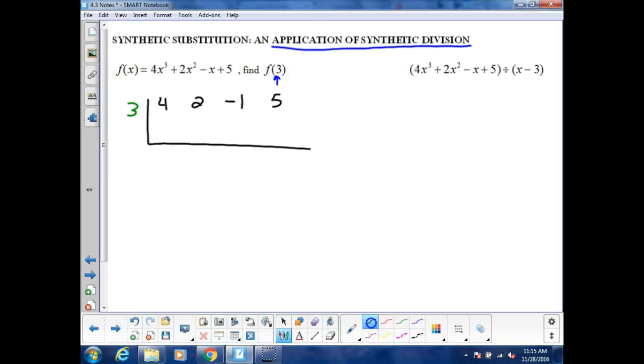Then do that synthetic division. 4, multiply, add, multiply, add, multiply, add.